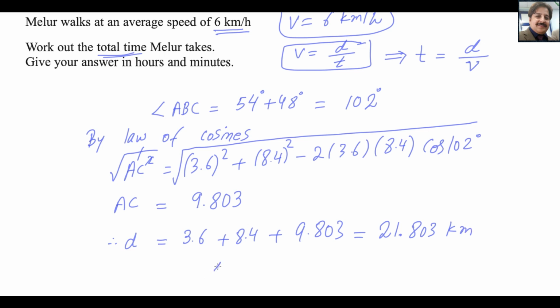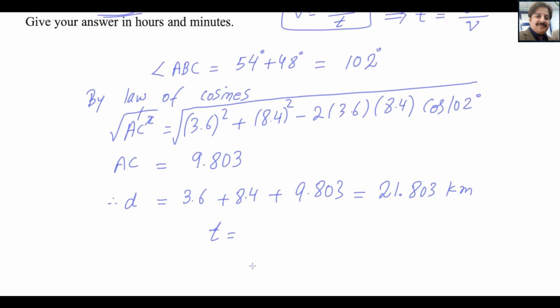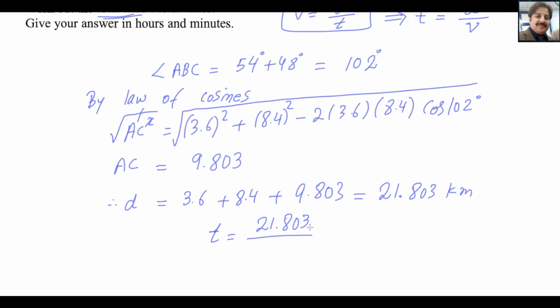By using that formula, T equals distance over speed. So the distance is 21.803 divided by the velocity, the speed. Speed was 6.